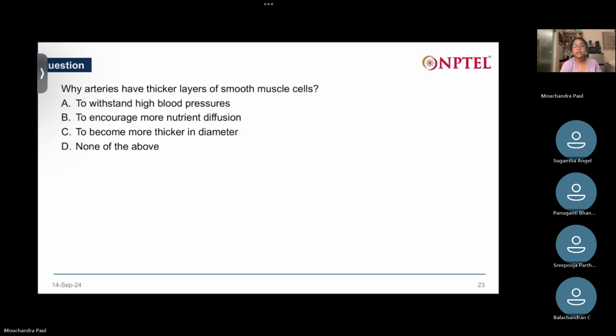A, yes, correct. Smooth muscle cells help in contraction and dilation, like relaxation, right? As the blood is pumped out of the heart, it rushes through very quickly.